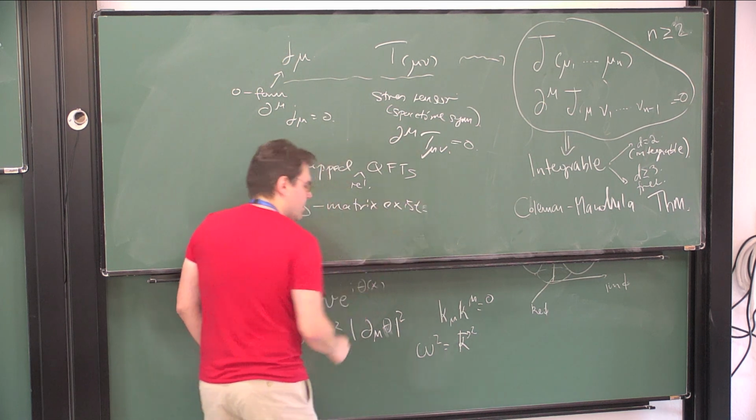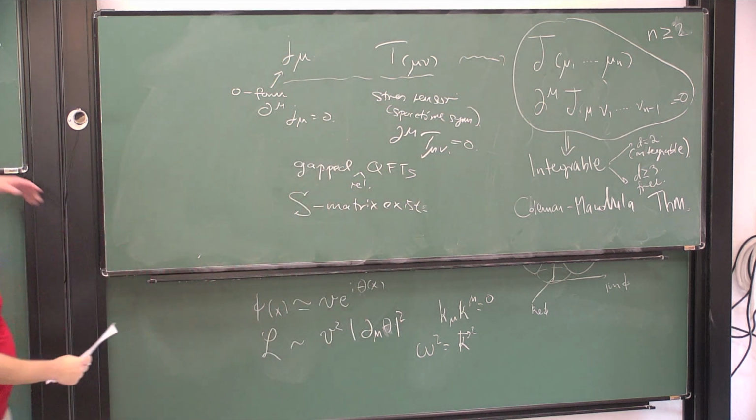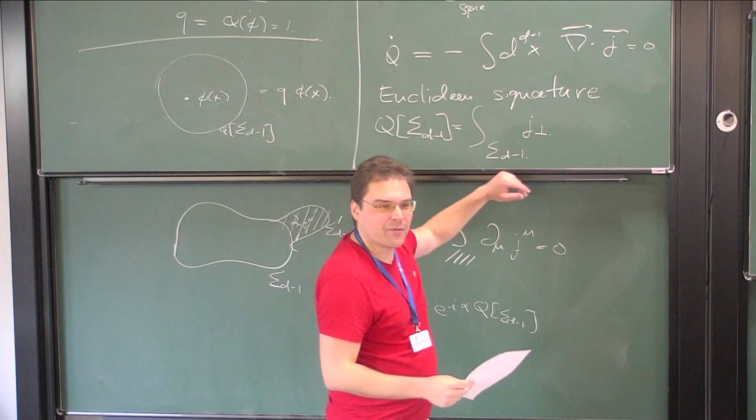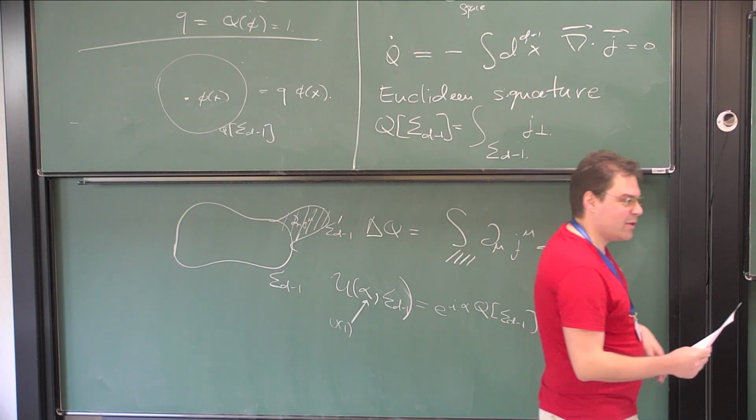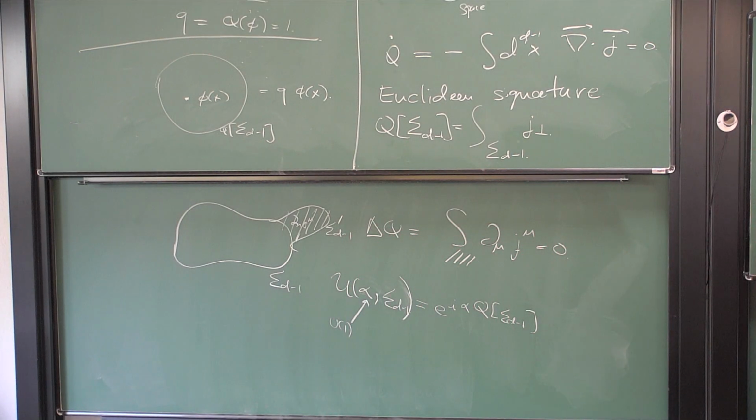So something like massive phi to the 4th theory, where there's absolutely no infrared subtleties associated with the S matrix. So for example, you could consider proton scattering in QCD or something like that.